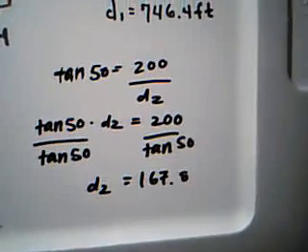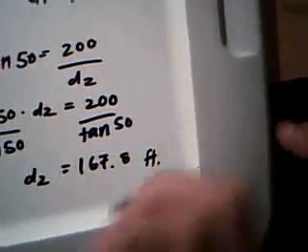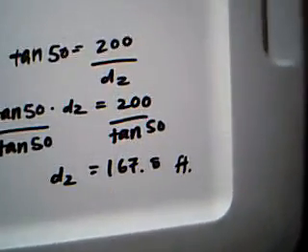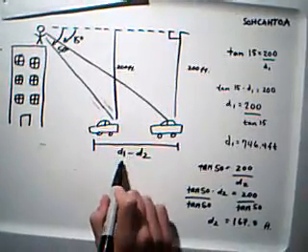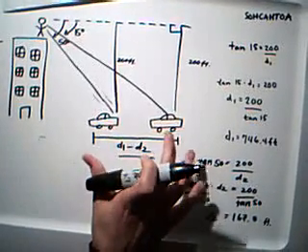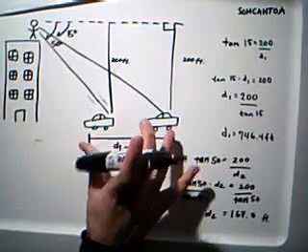Rounded, feet. Excuse me. Now, you're going to take your information from both times, since we have D1 minus D2, to find the amount of feet the car traveled.